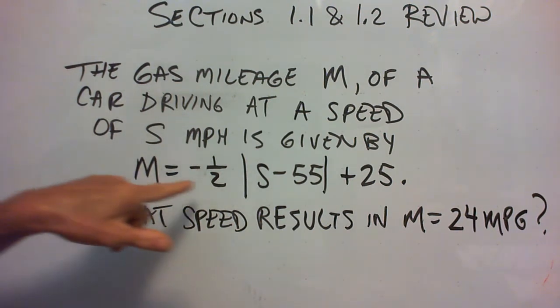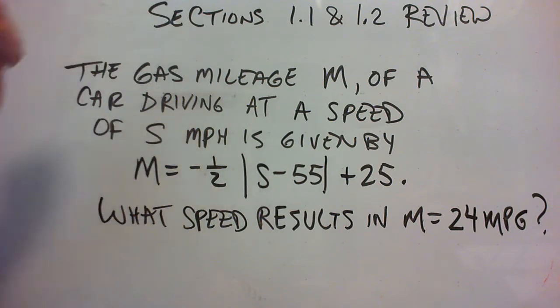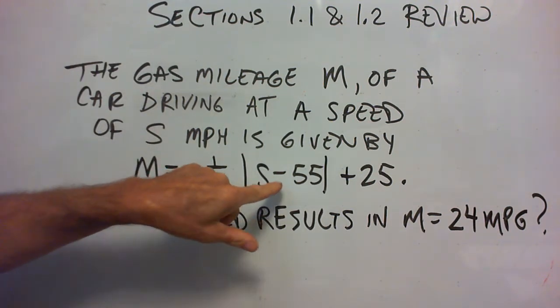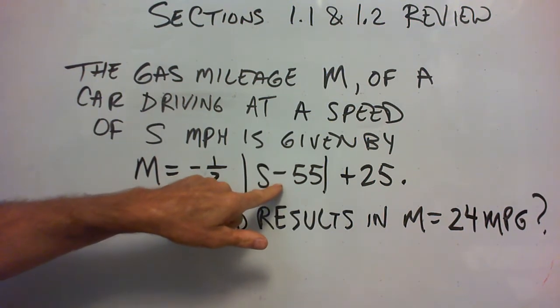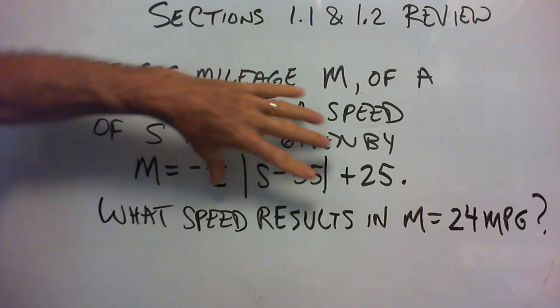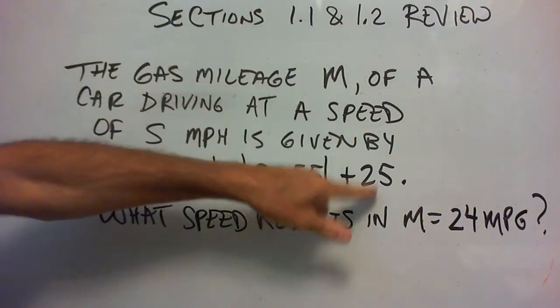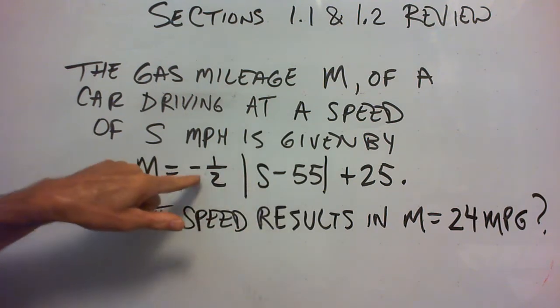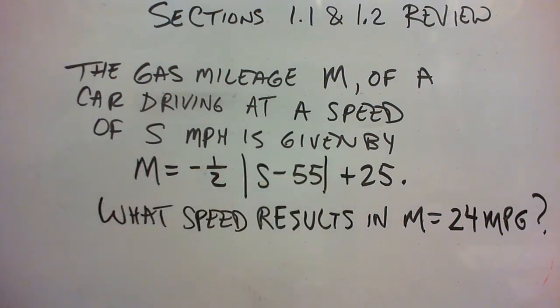And this seems like kind of an odd equation with the absolute value bars, but it makes sense, because if you're going exactly 55, you're going to get the maximum gas mileage, because this whole factor will be 0. You'll get 25 miles to the gallon. But anything other than 55, you're going to be subtracting from the 25.